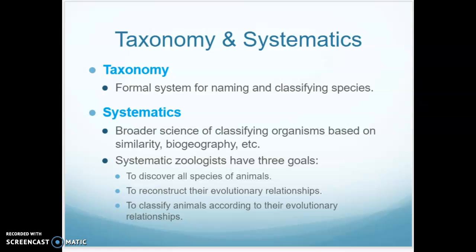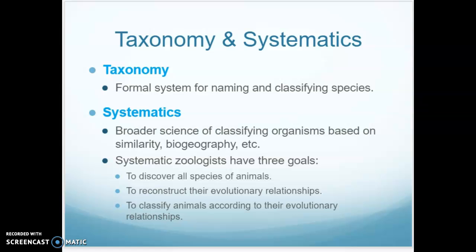We're not only going to be naming those species and classifying them, but we're going to do it based on their similarities and based on where they live as far as the world goes, so their biogeography or their life distribution, etc. The three goals that systematic zoologists want to accomplish: one, they want to first of all discover all species, which we're discovering new species every year.